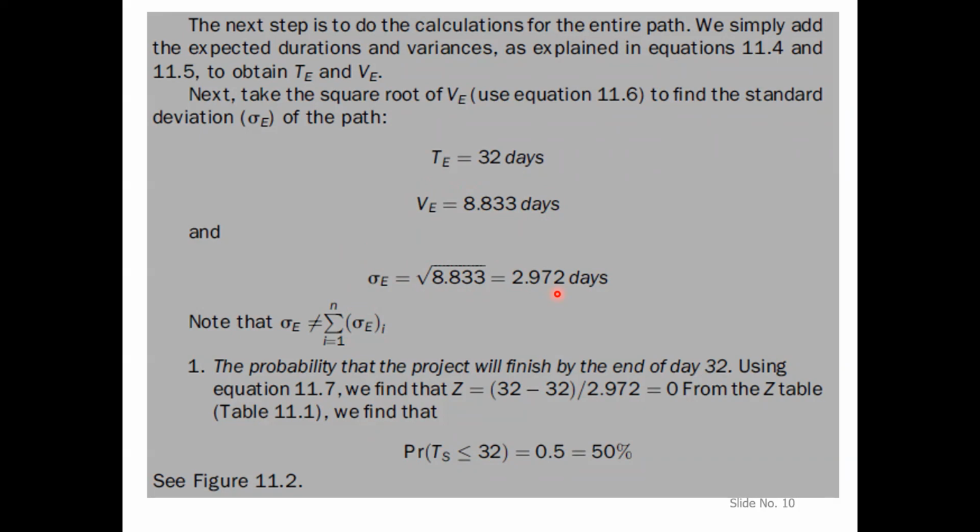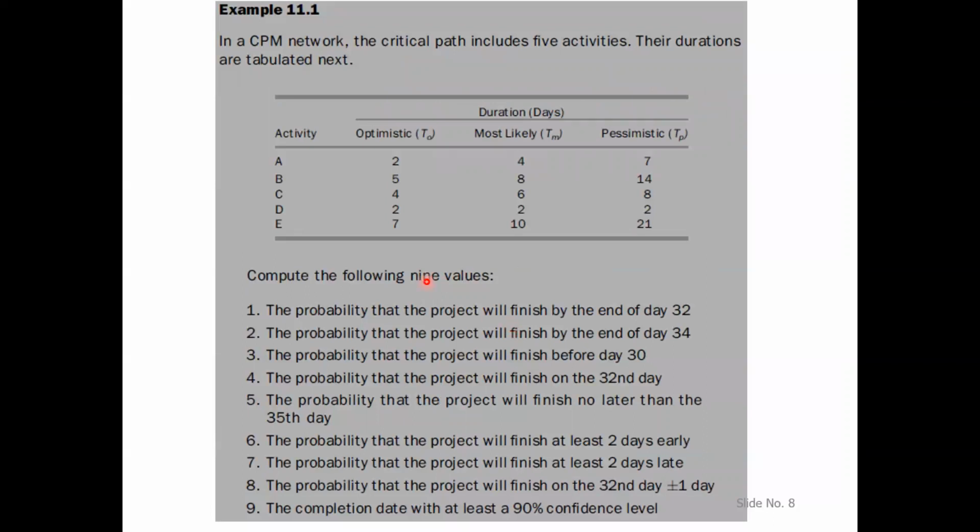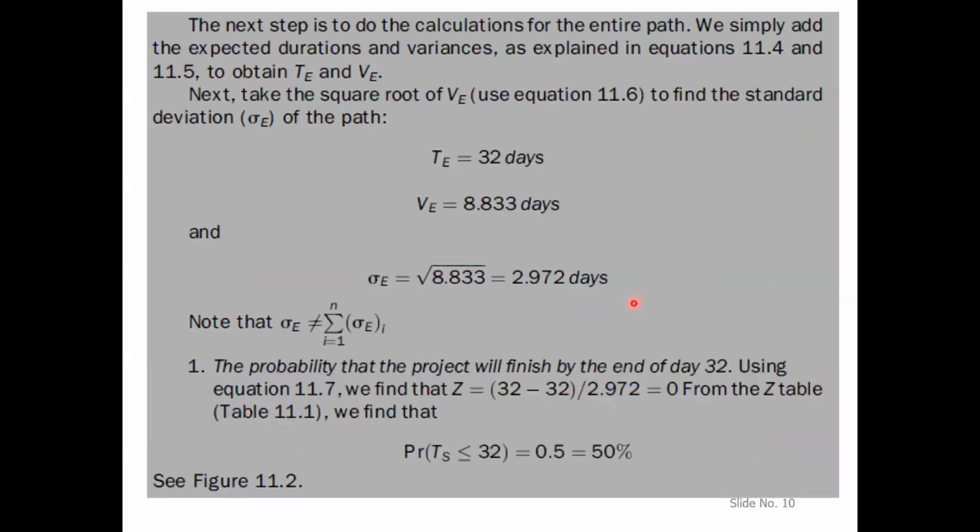So now we can answer these 9 questions one by one. So what were those 9 questions? For example, the first question was the probability that the project will finish by the end of day 32. Using these values, especially these 32 days and this standard deviation, we will calculate the Z function.